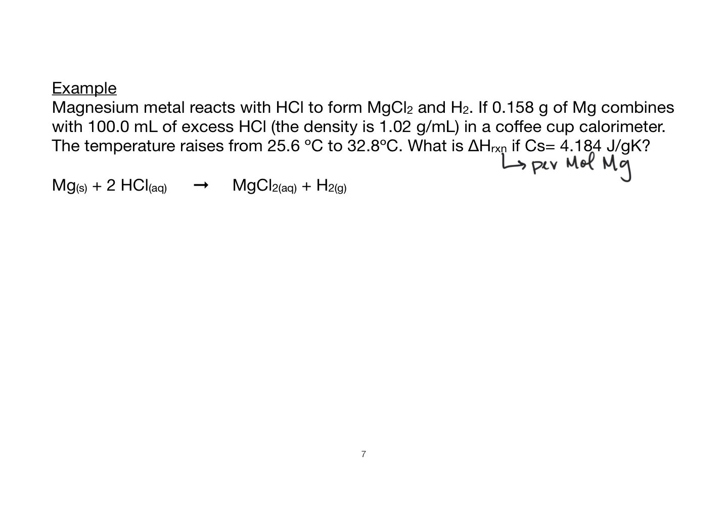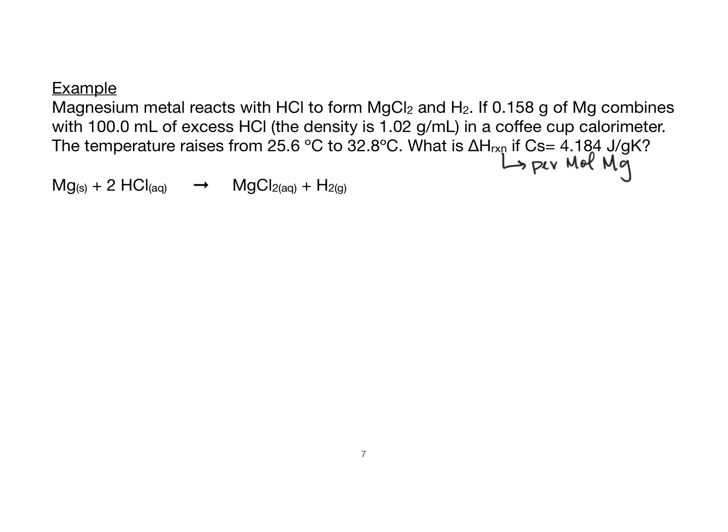Magnesium metal reacts with HCl to form magnesium chloride and hydrogen gas. If 0.158 grams of magnesium combines with 100.0 mL of excess HCl, where the density of that solution is 1.02 grams per mL, in a coffee cup calorimeter, the temperature rises from 25.6 to 32.8 degrees Celsius.